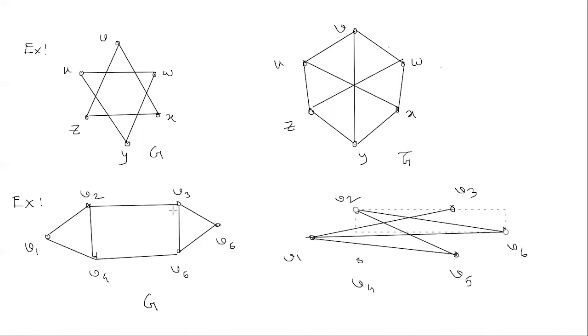So V3 must be adjacent to V1. It is done. Then V3 must be adjacent to V4. So V3 and V4. After that, V3, V5 is connected in G. So V3, V5 is not there in our G bar.